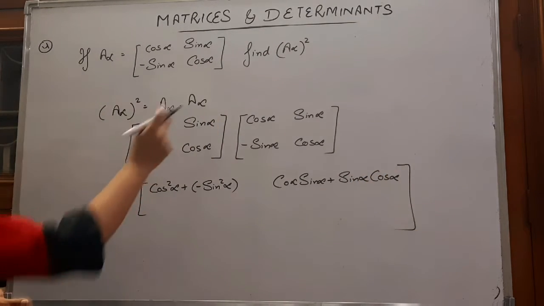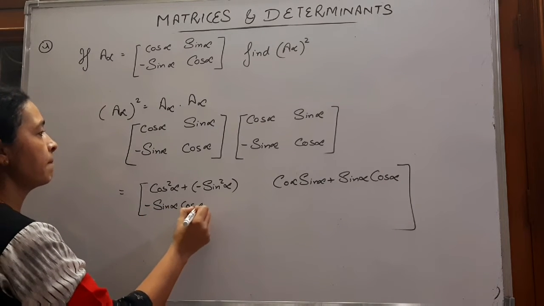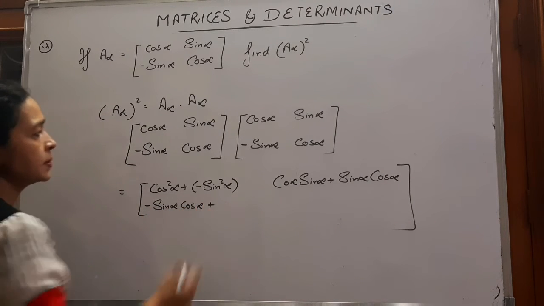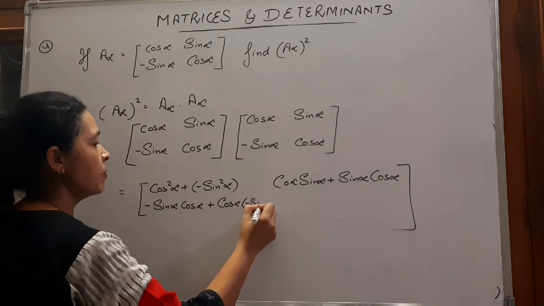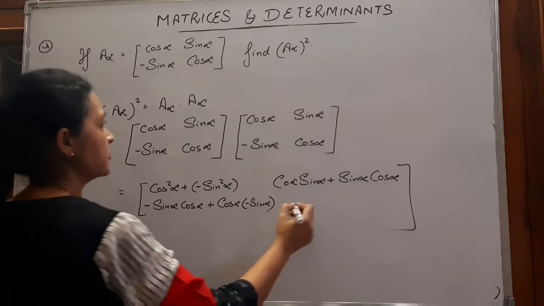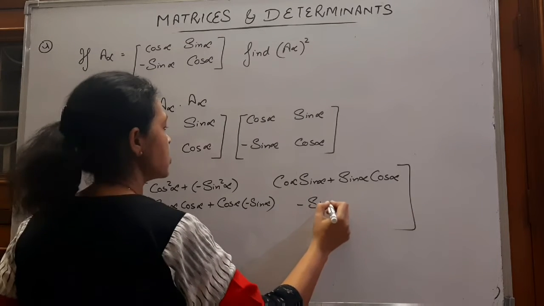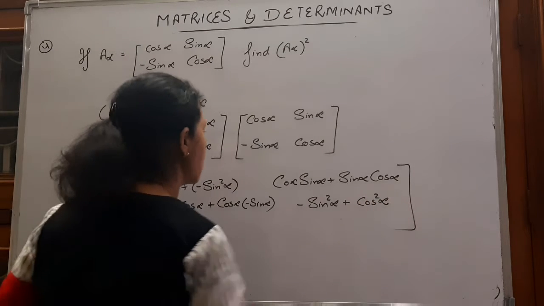Second row, first column, minus sin alpha cos alpha plus cos alpha into minus sin alpha. Second row, second column, minus sin square alpha plus cos square alpha.